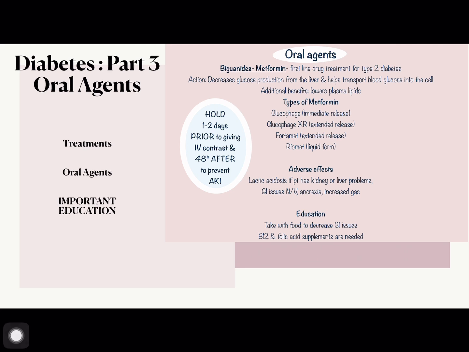Now, any GI issues, it can cause a little nausea and vomiting and increased gas pains. Typically this medication runs around 1,000 milligrams, which is a typical dose for metformin, and it's typically twice a day, BID. It's very important to take this with food to decrease those GI issues, and a lot of people do need supplements of B12 and folic acid.